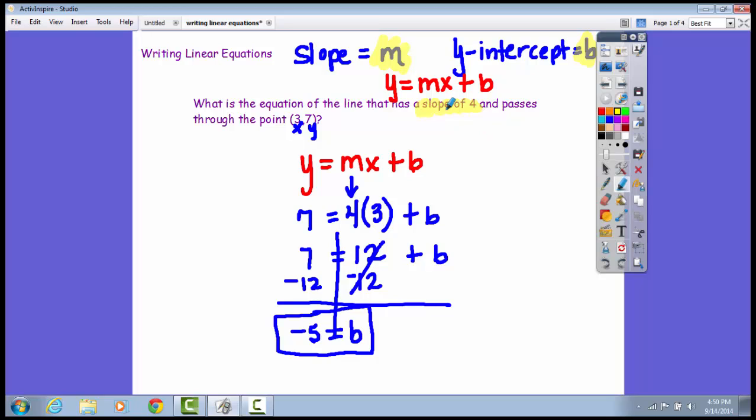Now again, once we have our slope, our m, and our b, I can write an equation in slope-intercept form for this problem. My final equation is going to be y equals 4x minus 5.